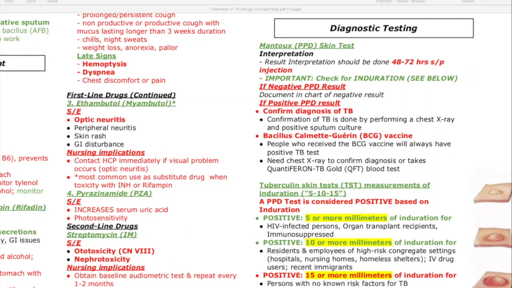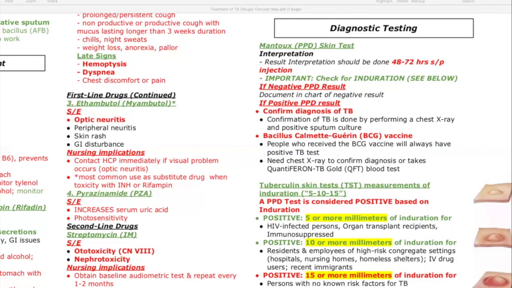It's an intradermal injection, which will create an induration. After the injection, we're going to have to wait 48 to 72 hours in order to check for induration.